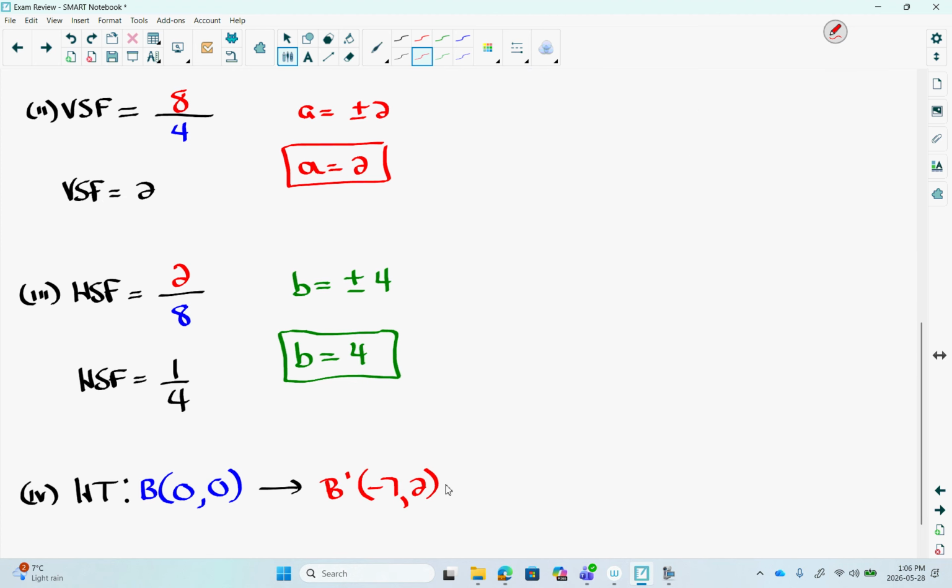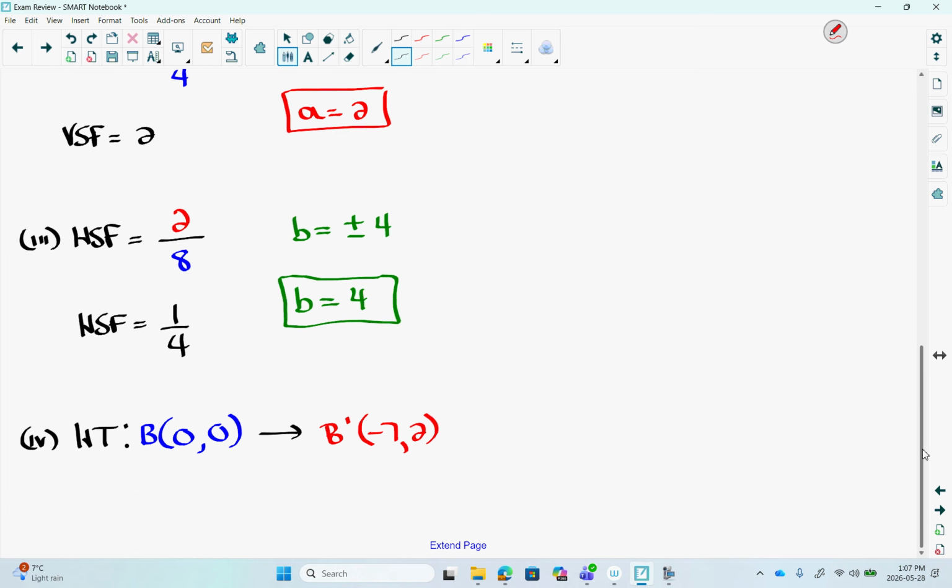With me? Now, realistically, what should I do to that 0 in order to get a -7? The mapping rule tells me that I would have to take that 0, multiply it by 1 over b, add my h value, and it would spit out a -7.